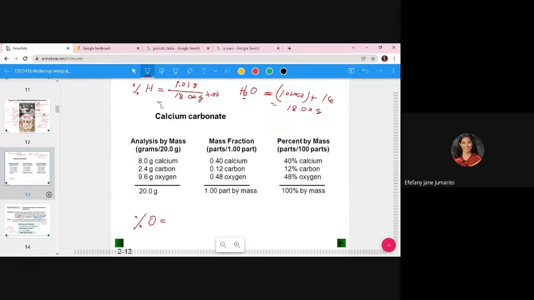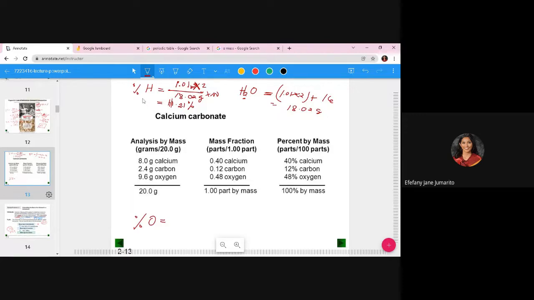So percent hydrogen is equal to 1.01 times 2 over 18.02, times 100. Using the calculator, we have 11.21% hydrogen.